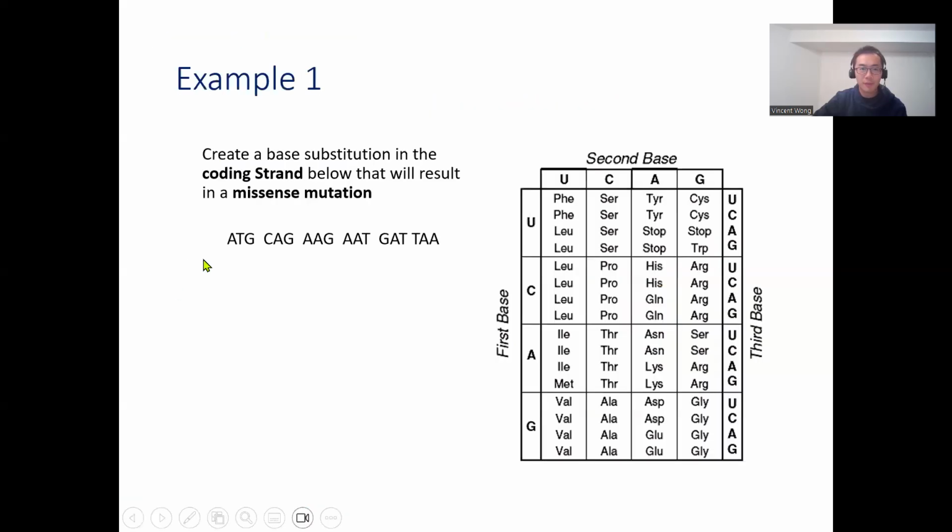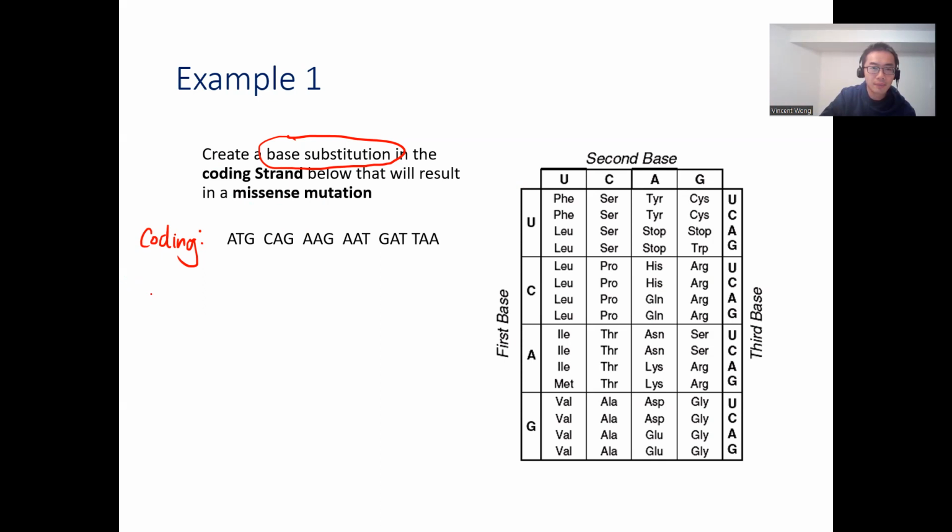All right, before I let you go, I want to do two more examples. Back to the PowerPoint now. Create a base substitution in the coding strand. This is coding. The question always has to tell you what strand you're looking at. There's no way to tell. Create a base substitution, that means changing one nucleotide, so that we are going to have a missense mutation.